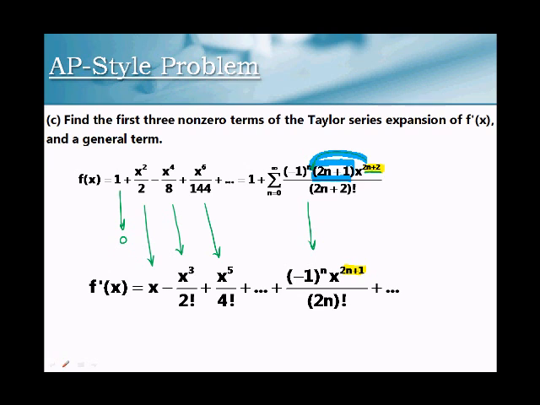Well, what happens when I have a 2n plus 2 and a 2n plus 1 in the numerator, and I'm dividing by 2n plus 2 factorial?